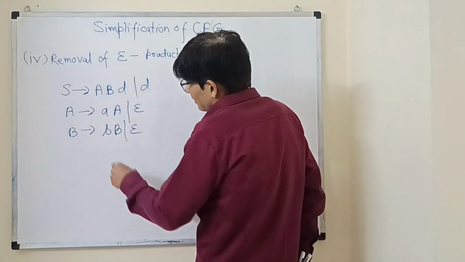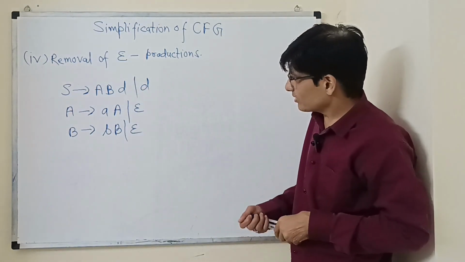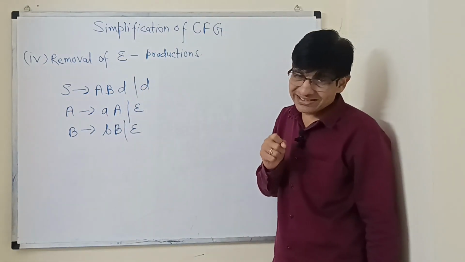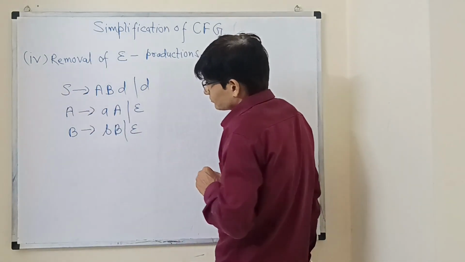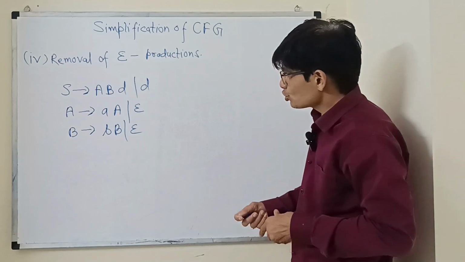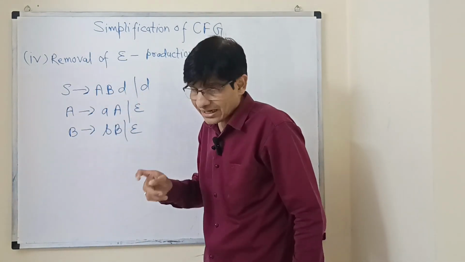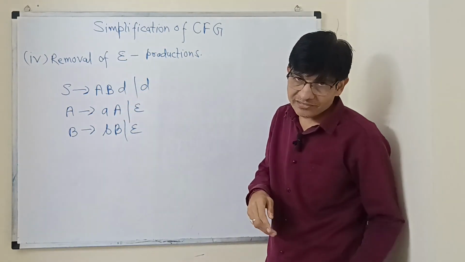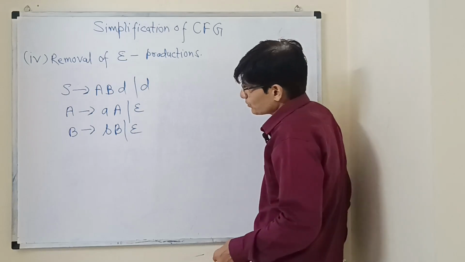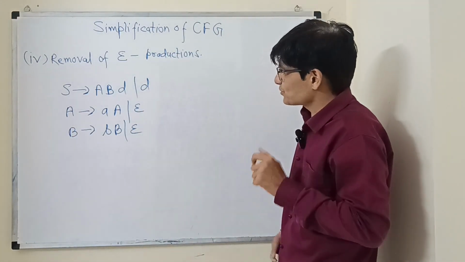Now, you can see here we have six different productions in this grammar, and the start symbol is S. Both the productions of S are generating ABD and D. Now suppose A and B both are generating epsilon.